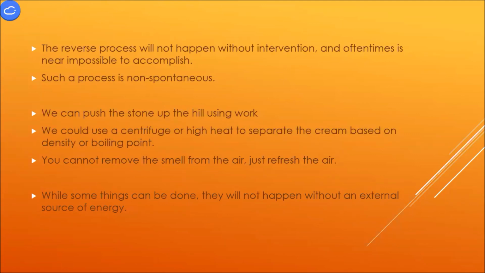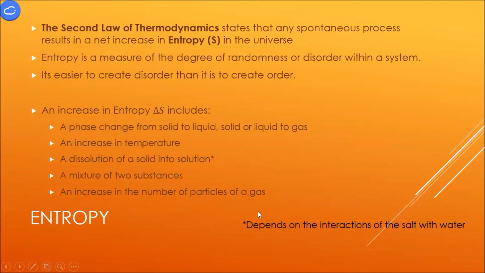So I'm going to get maybe to the next slide, and that's where we'll end. So the second law of thermodynamics states that any spontaneous process will result in a net increase in entropy of the universe. Now, entropy is a measure of the degree of randomness or disorder in a system. It's much easier to create disorder than it is to create order.